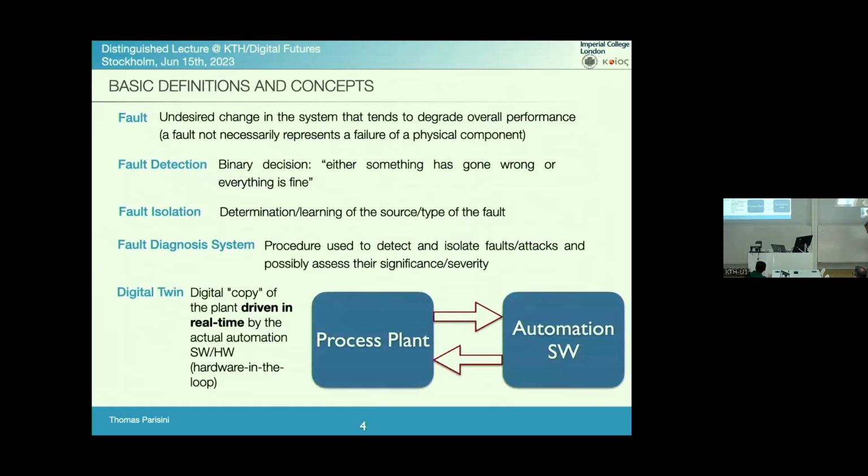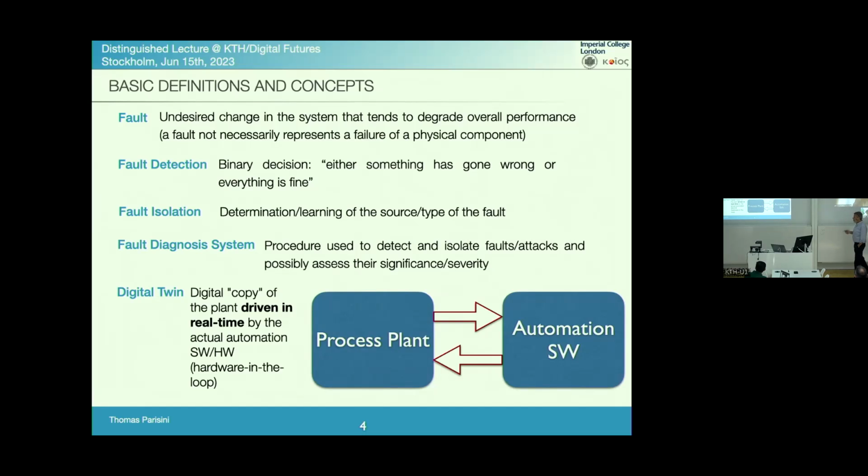Just to set the scene, a few basic definitions. As I said already, a fault is just an undesired change in the system. That does not necessarily mean that there is a failure of a physical component. Fault detection is just a binary decision, to decide whether something has gone wrong or everything is fine.